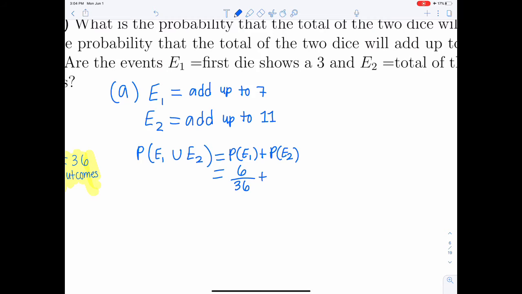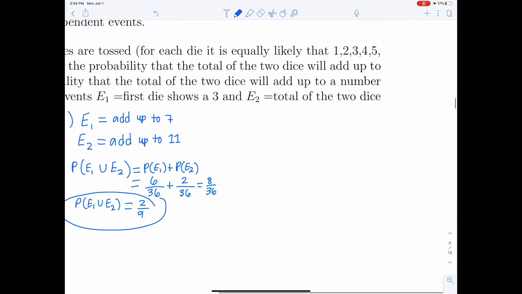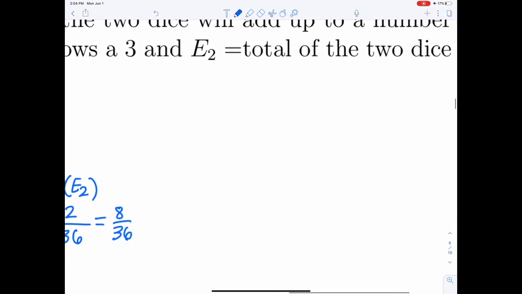And for 11, we can only have 2 different ways to do that out of 36, which is 8 out of 36. Simplifying, 8 over 36 is the same thing as saying 2 over 9. So that's the answer to number A.